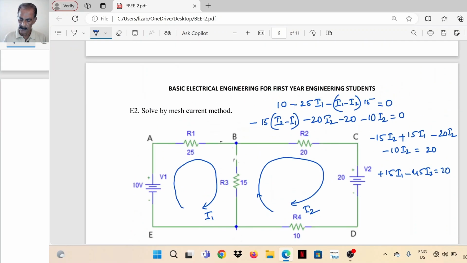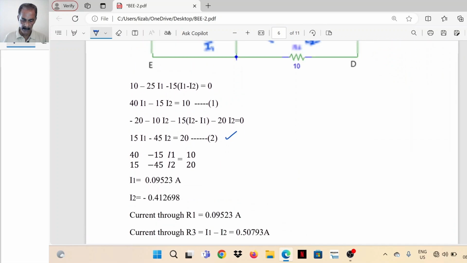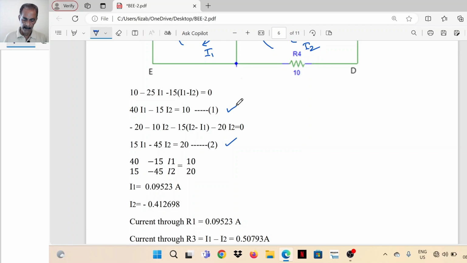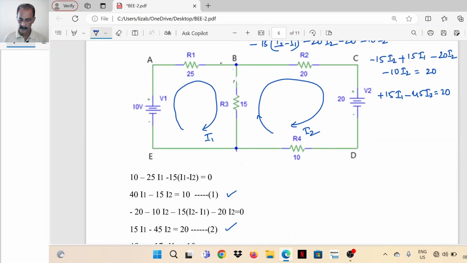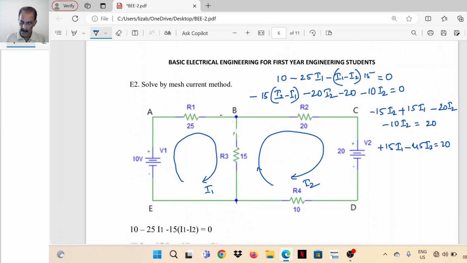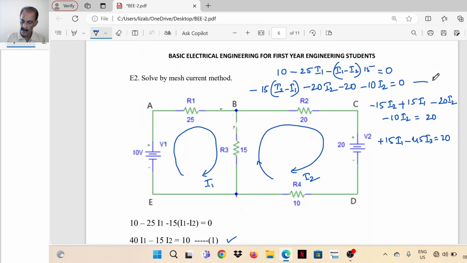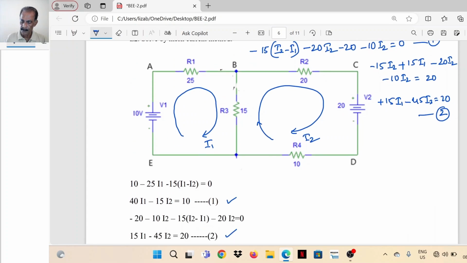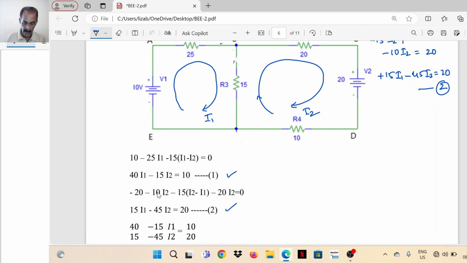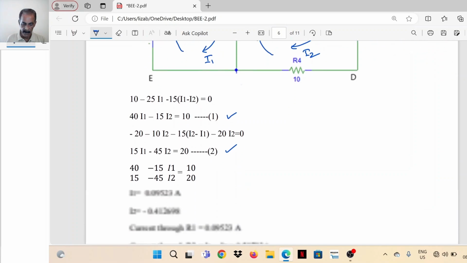The first equation can be simplified to 40 I1 minus 15 I2 is equal to 10. So we have got two equations: the first mesh equation and the second one. The first equation is simplified to 40 I1 minus 15 I2 is equal to 10, and the second equation is simplified to 15 I1 minus 45 I2 is equal to 20.